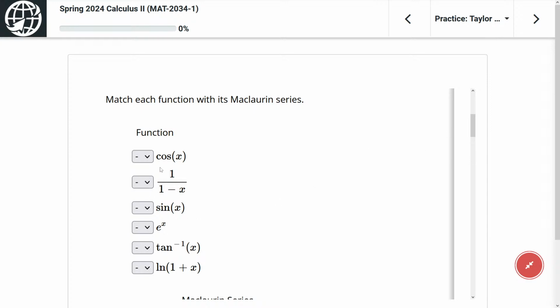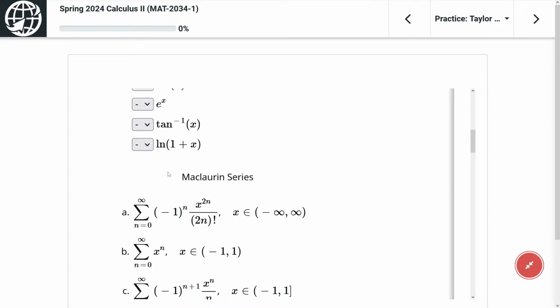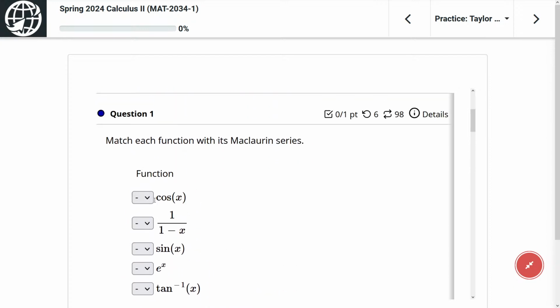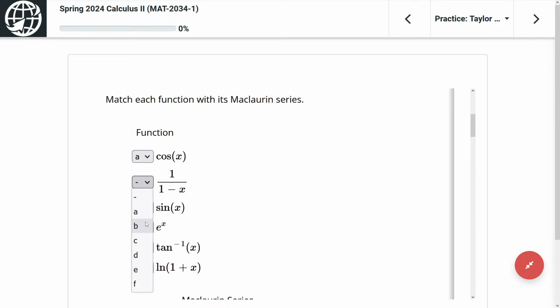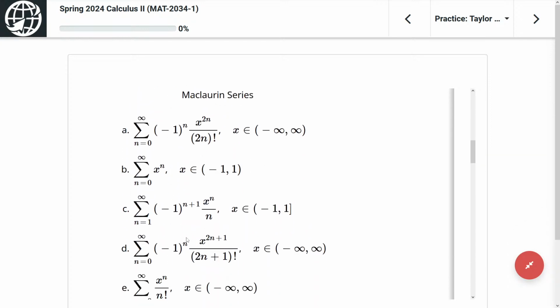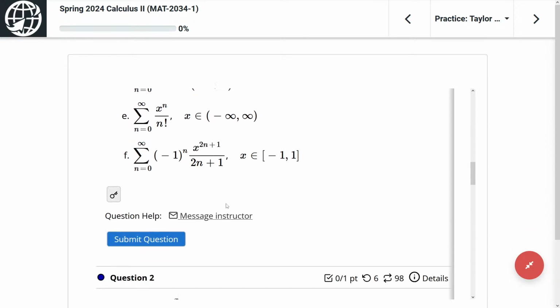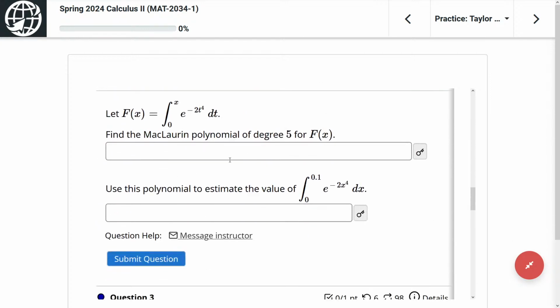So I guess yours is going to be shuffled different from mine. My first one is A. You can figure out the rest of these. This next one is B as well. Wow, it's right in order. The next one, sine, is D. But anyway, you can figure that out. So you have those ready for you to use on things like this.